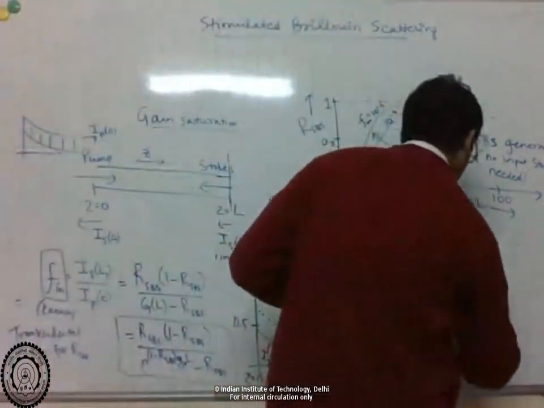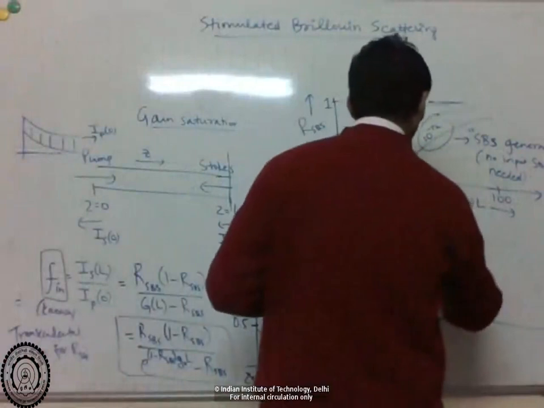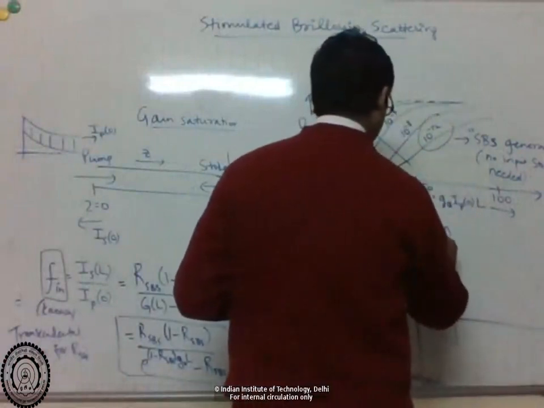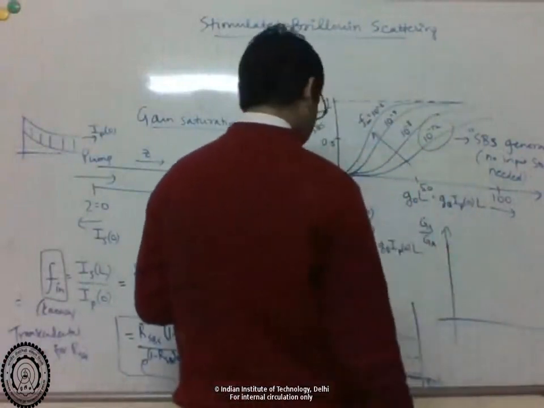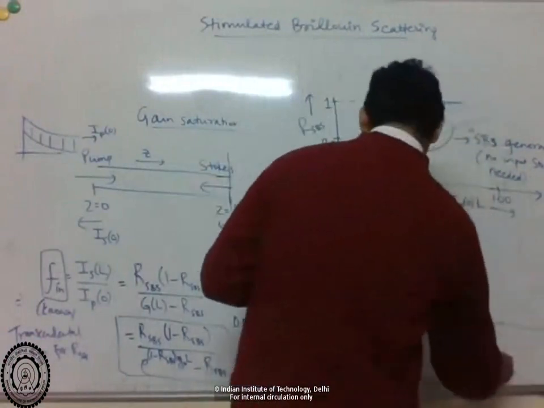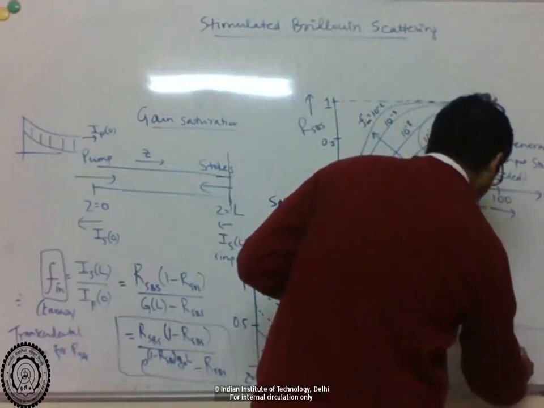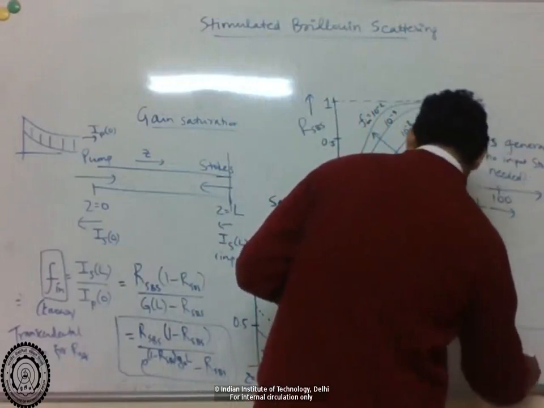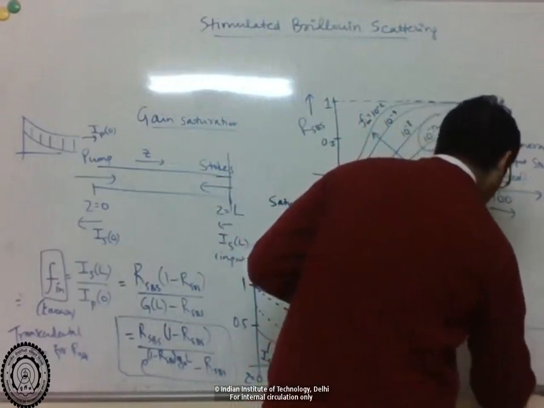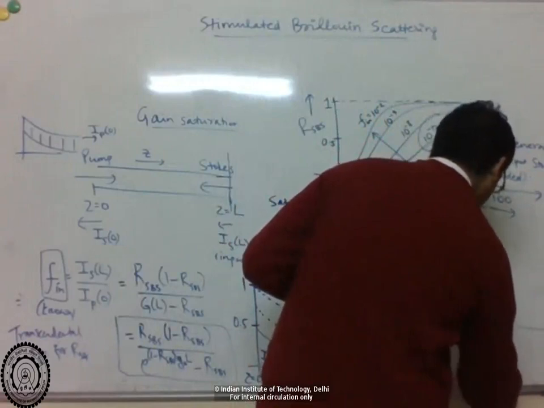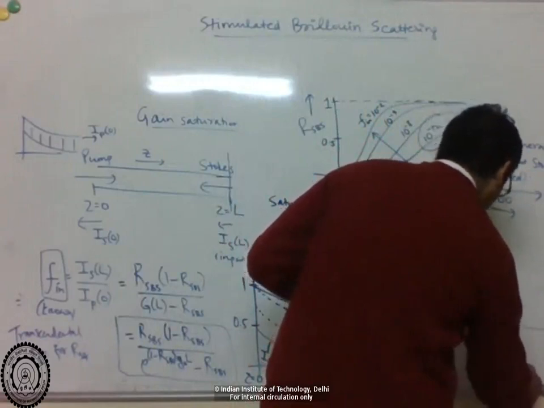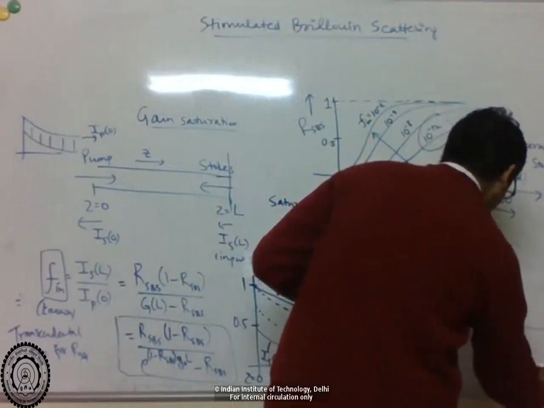So if you plot G_S divided by G_A on the axis as a function of G_A times F_in, to normalize, so this is proportional to input Stokes power.